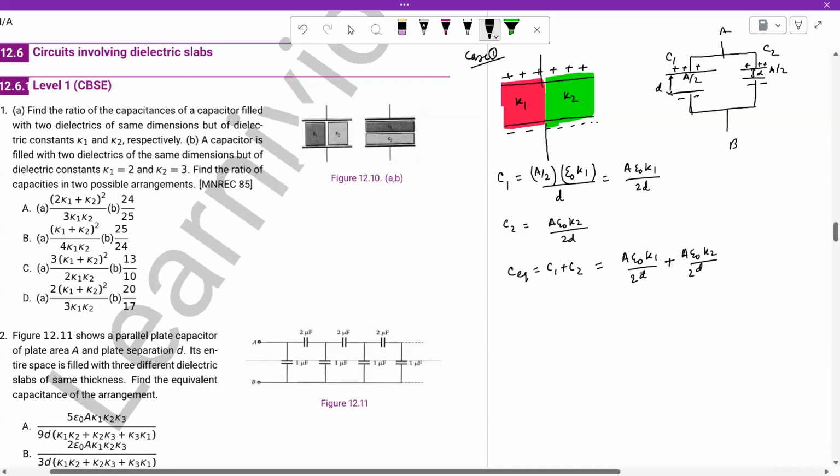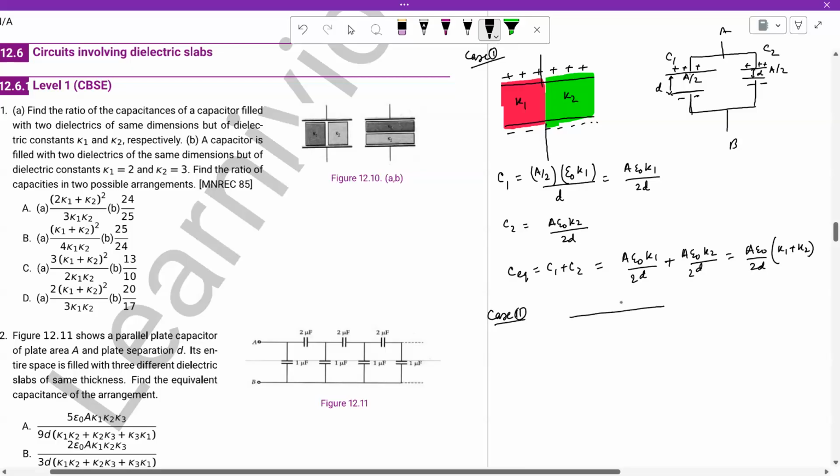And A epsilon naught by 2D is common, so we can take A epsilon naught by 2D common. This is K1 plus K2, right? So this is one case, and another case is this one.